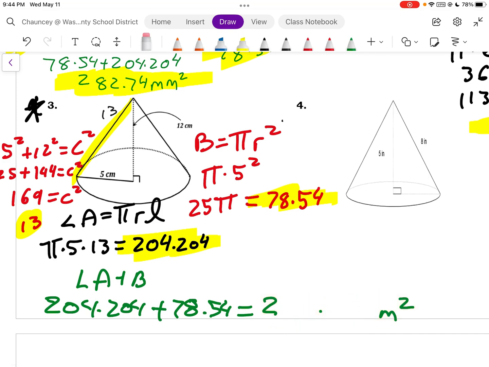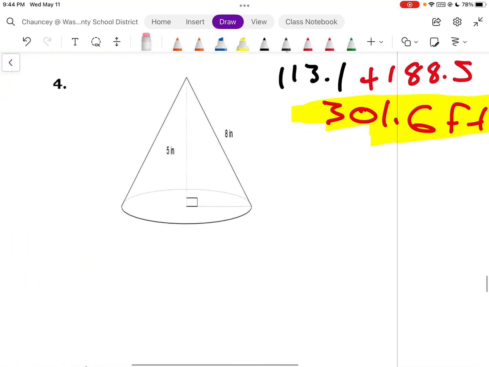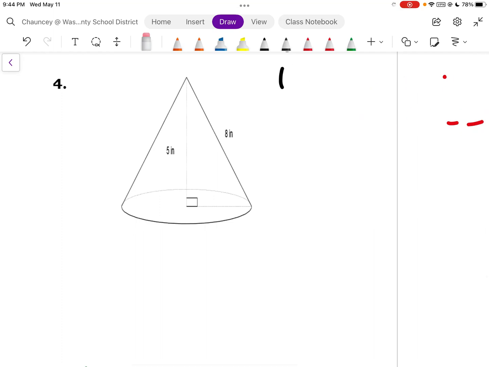So let me erase this and let's do number 4. All right, take this away up here. So now what we have here, they're giving us our slant height. They're giving us our true height, but we don't have our radius.